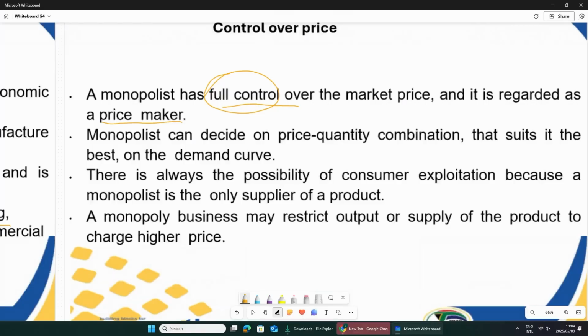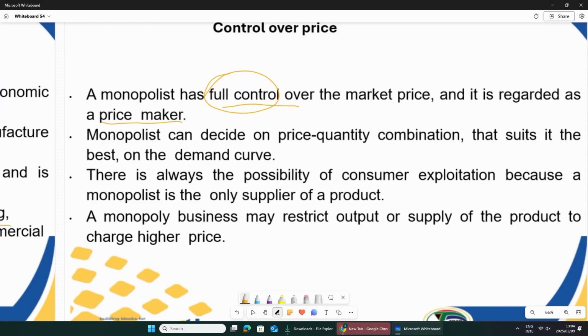It is also regarded as a price maker, a price giver, because it can choose on its demand curve the price and quantity combination that suits it. So it's unlike perfect markets that do not have any influence over price. We are saying monopoly is the exact opposite. It has full control over price.